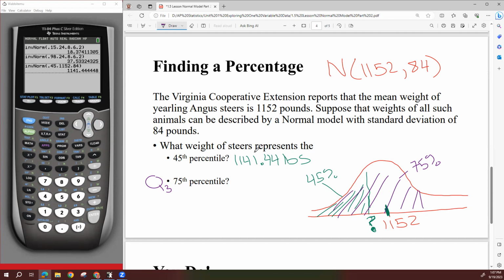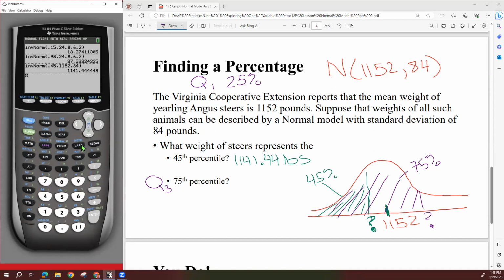So quartile 1 would be the 25th percentile. And actually, if we wanted to find the IQR of this distribution, we could find the 75th percentile, the 25th percentile, and we could subtract them to find the IQR. But for now, let's just find the value that cuts off 75% of our data to the left.